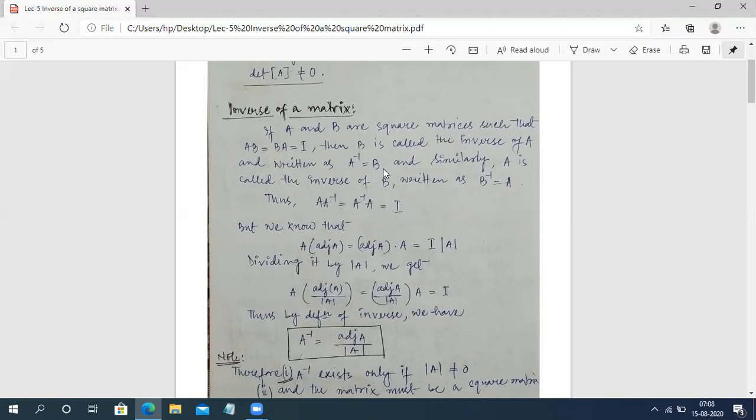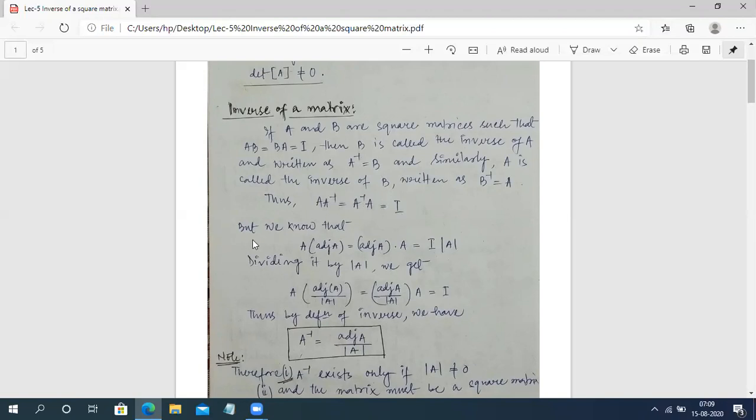That means similarly we can say A is called the inverse of B, or A is equal to B inverse. Now since we are writing B is equal to A inverse, put the value of B in this relation. What we will get? We will get A inverse A is equal to A A inverse, and that is equal to identity matrix.